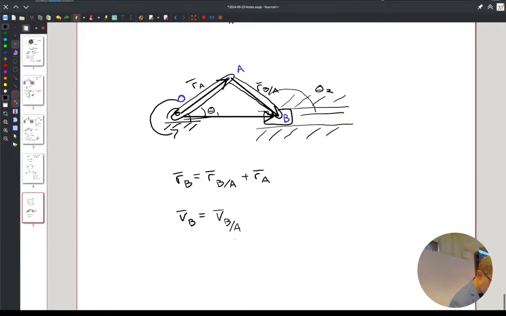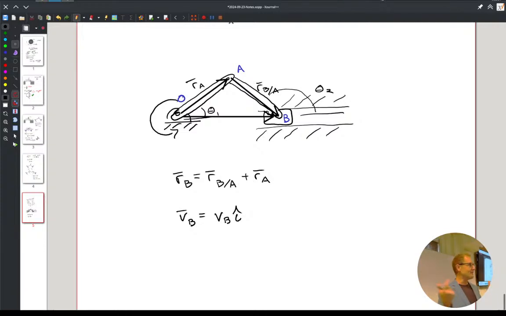So we could say that there's a constraint on it, VB in the i direction, to say that it always has to move left and right. It could be any number, but it has to be a left-right number. Yep, we can say that. That's a nice geometric constraint on its motion.